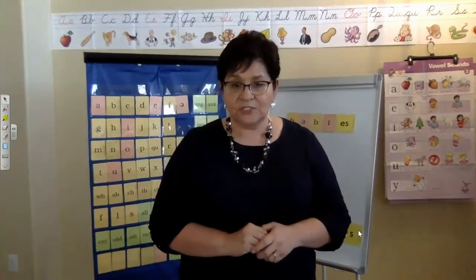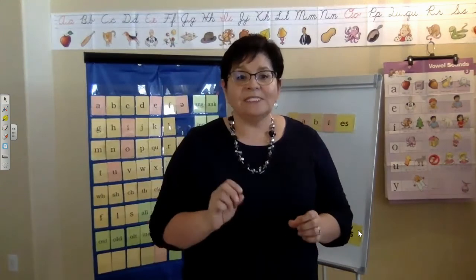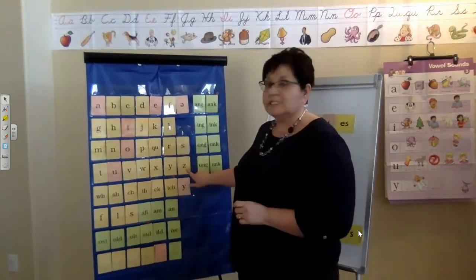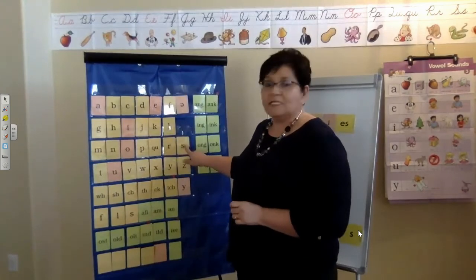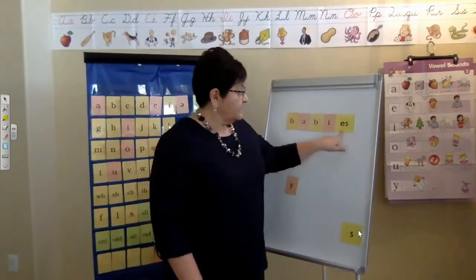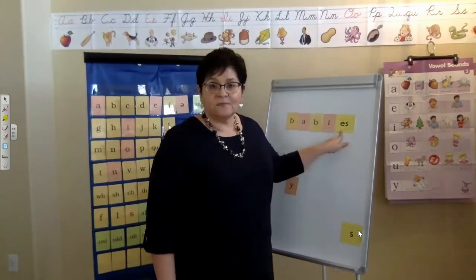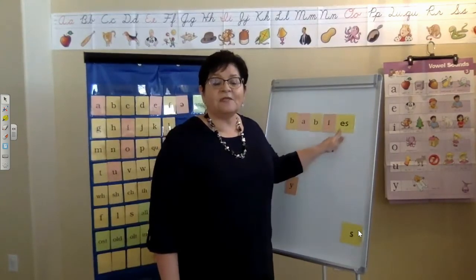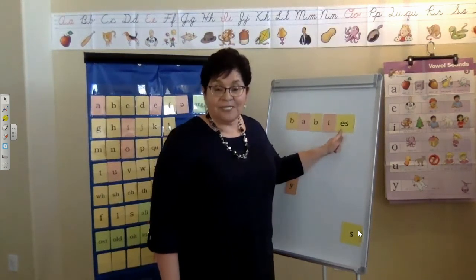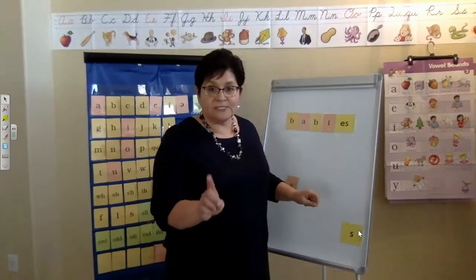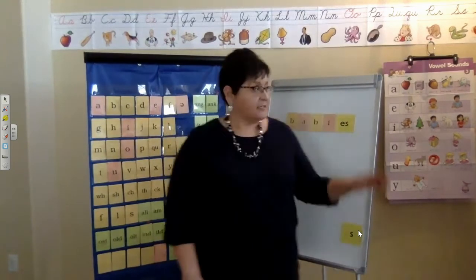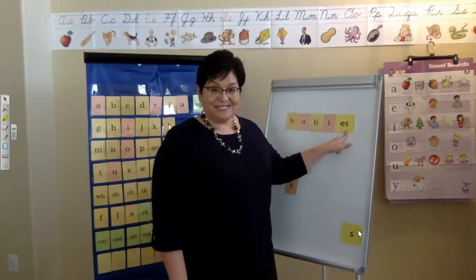Now, when your teacher asks you, what says Z, your answers are now going to be Z, S when it's a suffix, and now suffix ES. When we use this at the end of a word ending in Y, and we've made that plural, now this says Z. So remember that. What says Z? Z, S, and suffix ES.